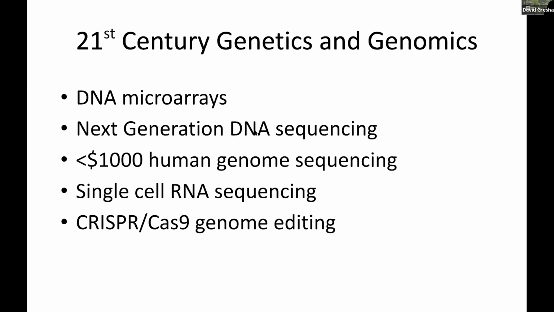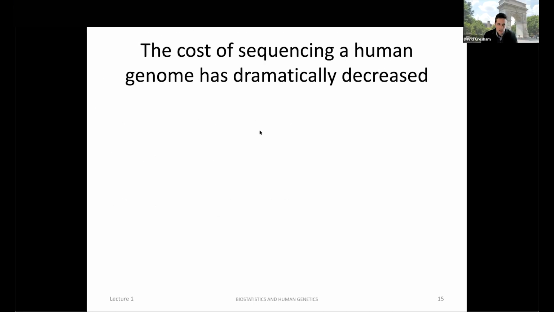We now live in a world where you can sequence your own genome for around $1,000. And the advances just keep coming. In the last few years, we've had the CRISPR-Cas9 genome editing advances, and continuation in technical advances, being able to sequence individual cells, and sequence the RNA in those individual cells.